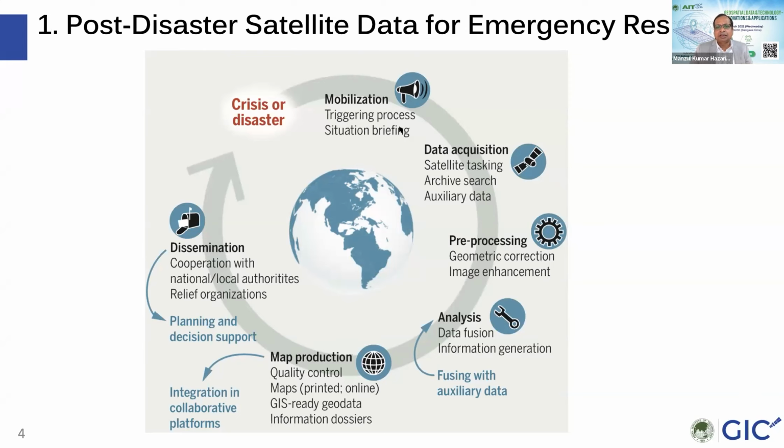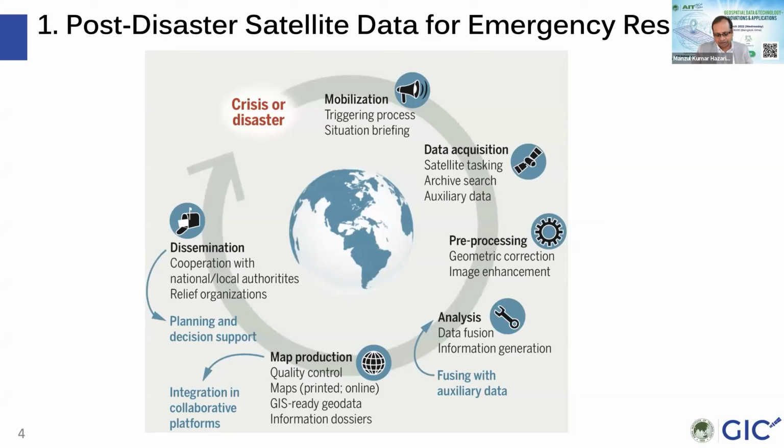The location of the disaster is communicated among the space agencies, and they will program their satellites to acquire data of the disaster-affected area. This is a priority job for them, so they will cancel all other kinds of acquisition during that time, just to focus on getting data from the location where the disaster struck.